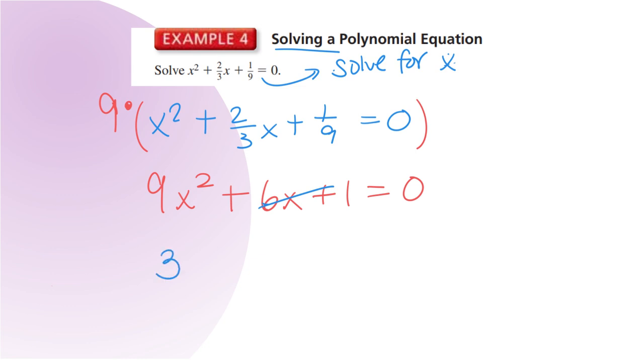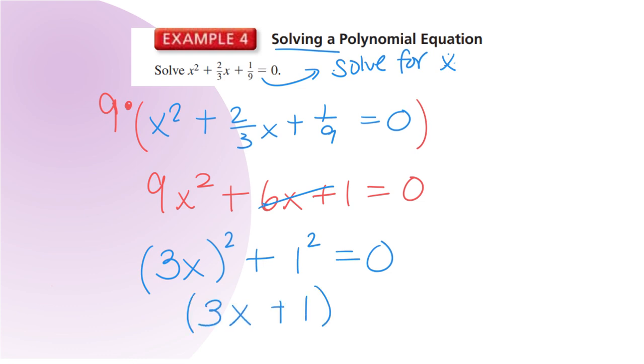X is already squared. So it's going to be 3x squared plus 1 squared equals 0. I'm just writing it in the format of a squared minus b squared. I can say that this is now going to be 3x plus 1 squared equals 0.